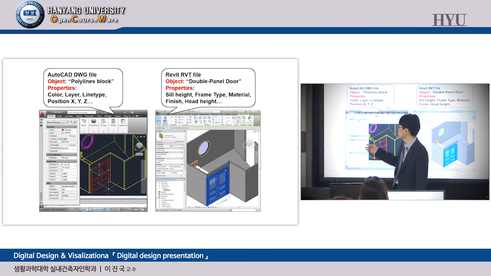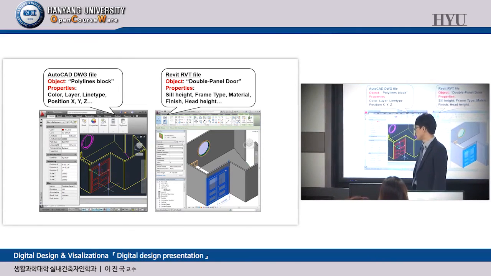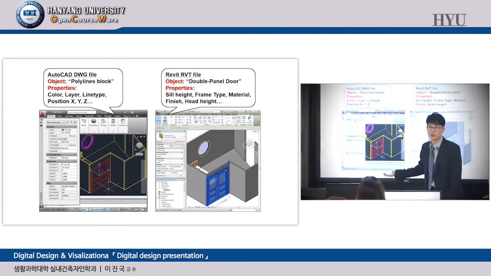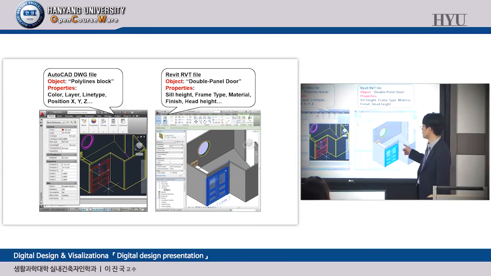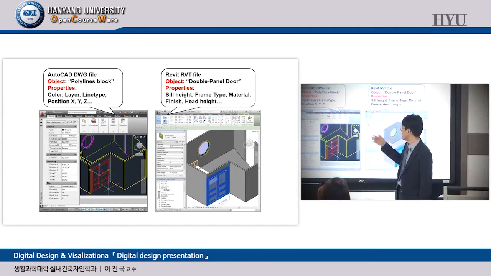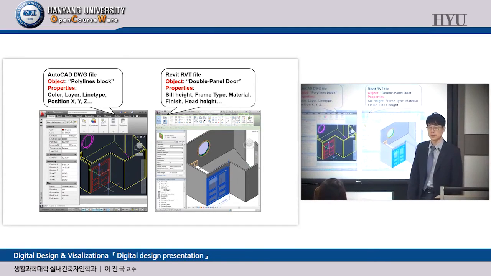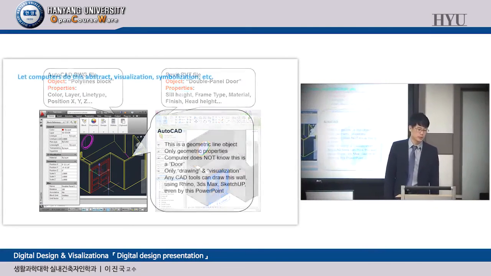AutoCAD only displays layer information, geometric position X, position Y, position Z, Cartesian coordinate system. That's it, only geometry. But if you load this one into Revit, take a look. If you click the same object, Revit knows this is a double panel door object and associated properties, door properties, okay?